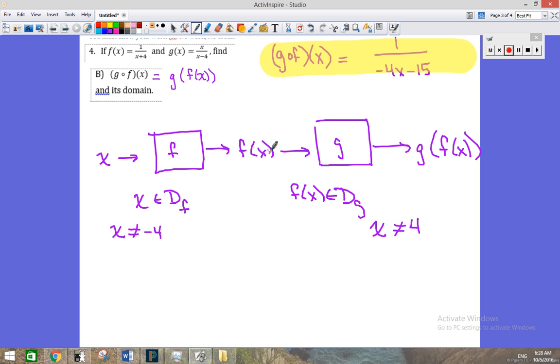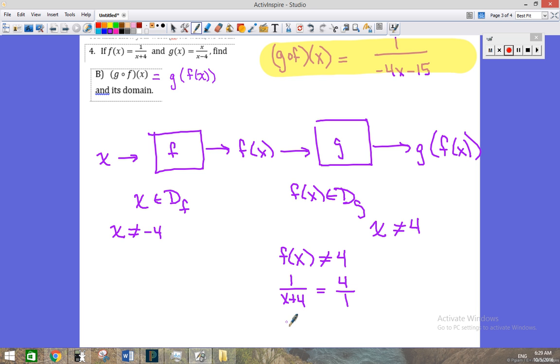What g sees is this f of x. So what we really want is f of x to never equal 4. So f of x is 1 over x plus 4. We temporarily let it equal 4 to solve this equation, so we know if there's an added restriction that we have to place on the domain of this function composition.